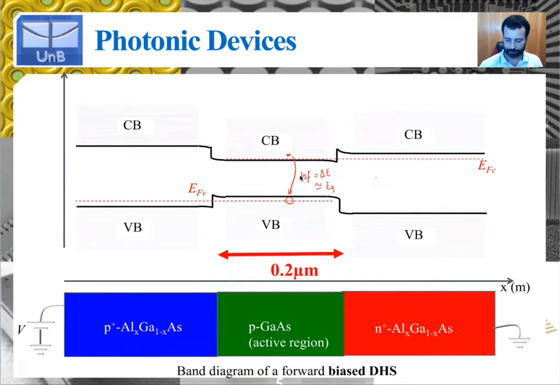But this other semiconductor here has a gap, which we'll call EG dash, which is greater than EG. And this is done on purpose, as we've said.